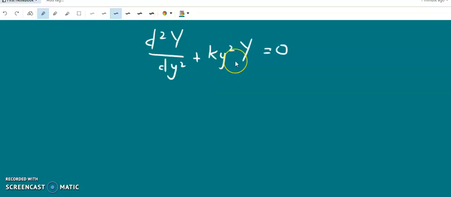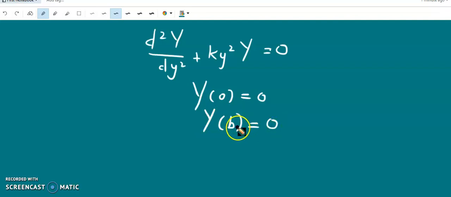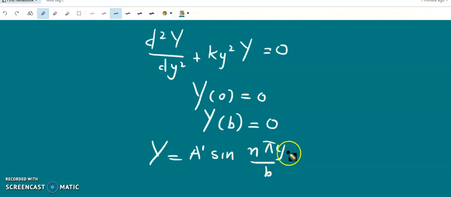Solving this differential equation with the boundary conditions Y(0) equal to 0 and Y(b) equal to 0, the solution is capital Y equal to some other constant A prime sin (n pi y by b), where n can take values 1, 2, 3.